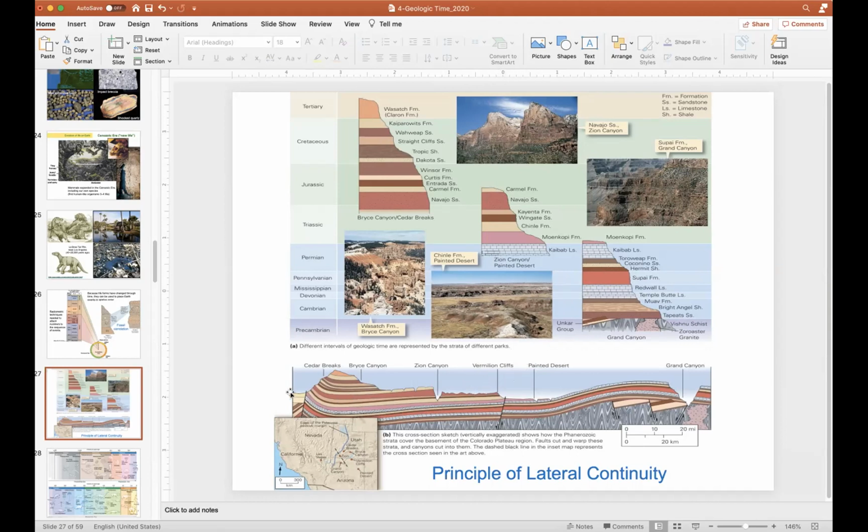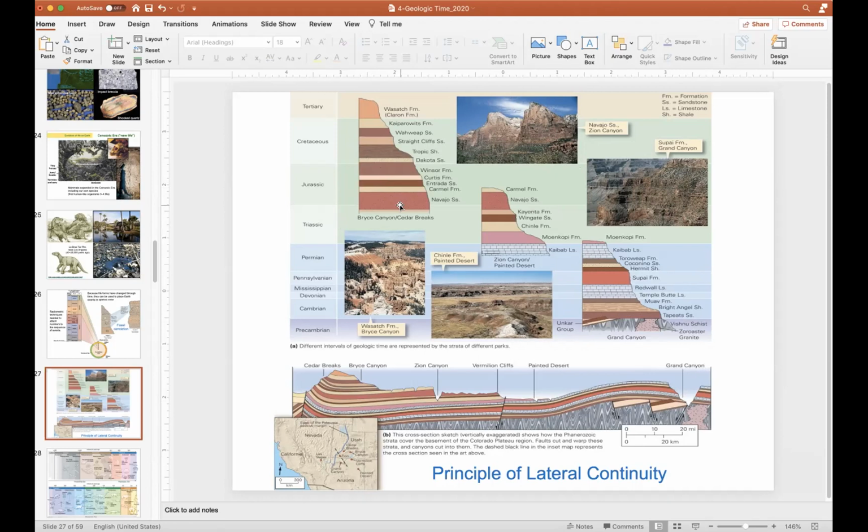So here is an example of lateral continuity. So maybe this wasn't the easiest one to start with. I should have probably started with, sorry, I'm blanking on the name of the sequential order of deposition.